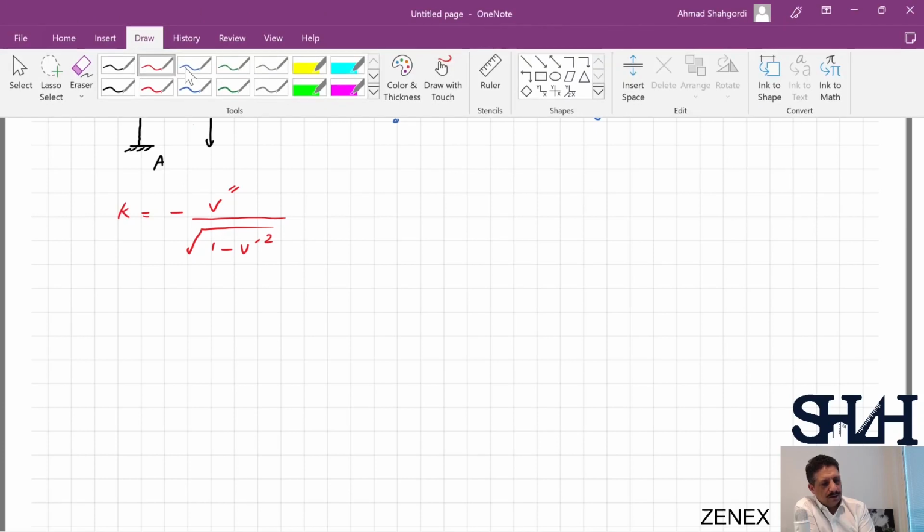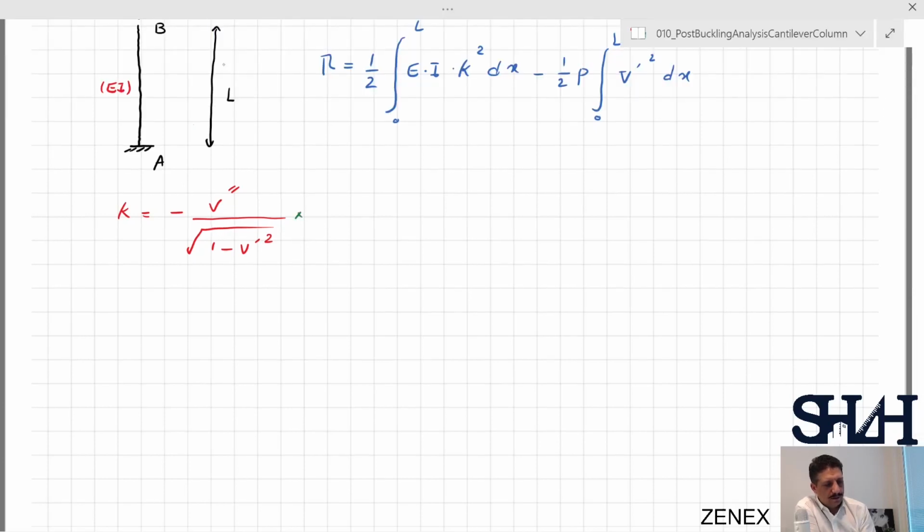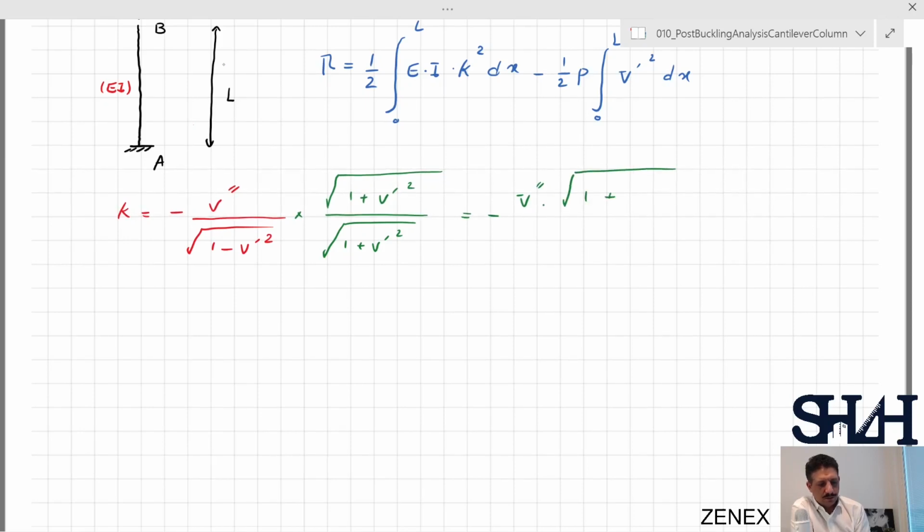And now I can multiply this by 1 plus V prime to the power of 2. It will be minus V second, square root of 1 plus V prime to the power of 2, divided by square root of 1 minus V prime to the power of 4.